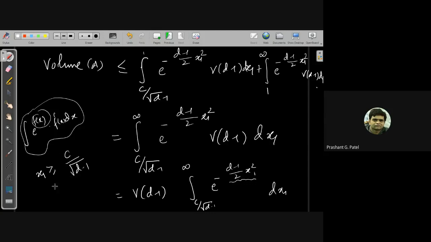What we can observe is that square root of d minus 1 into x1 upon c is always greater than or equal to 1. This is what we can note. And here we have 1, so this one I can write down as less than or equal to this quantity.